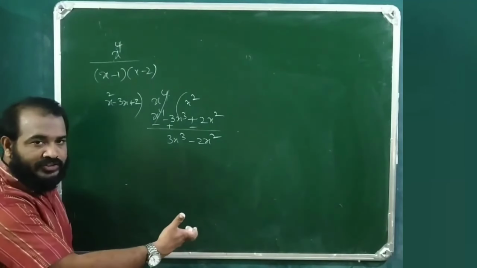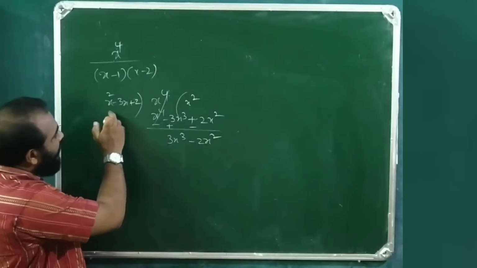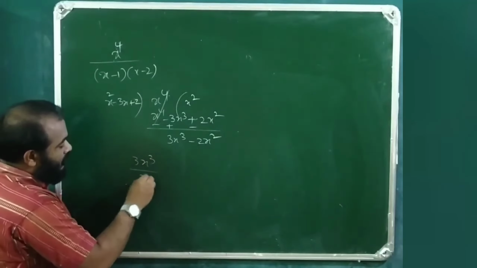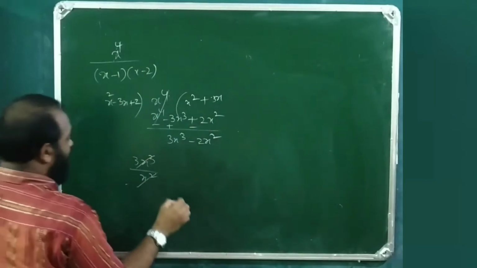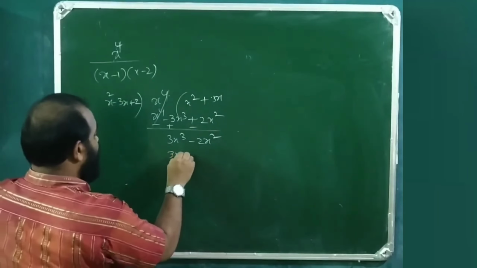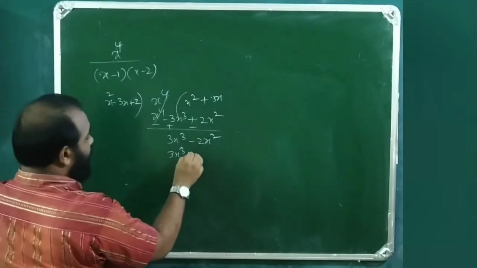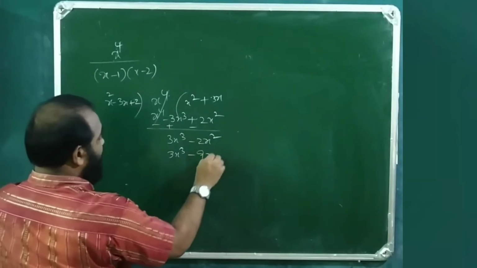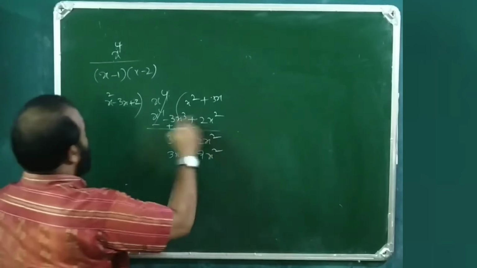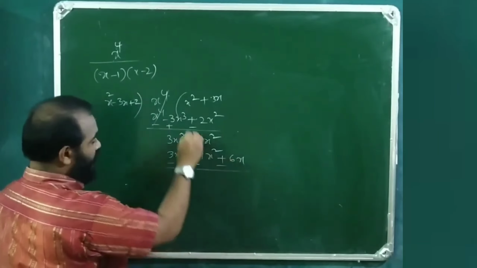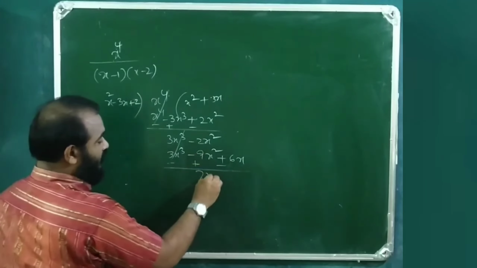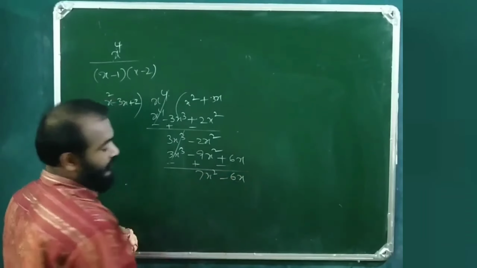Therefore further division is possible. 3x cube by x square is 3x. So 3x into x square gives 3x cube, 3 3s are 9x square, 3 2s are 6x. Subtracting, 9x square minus 2x square is 7x square minus 6x.